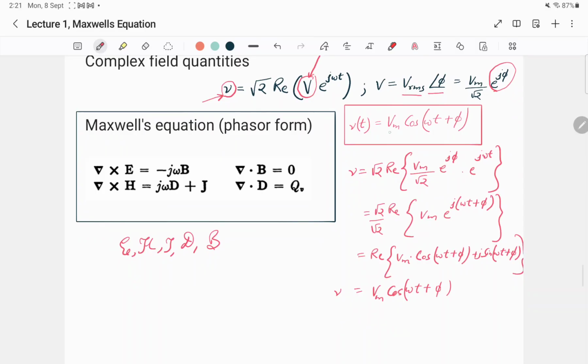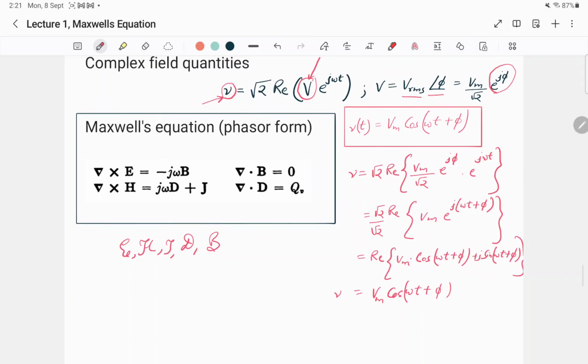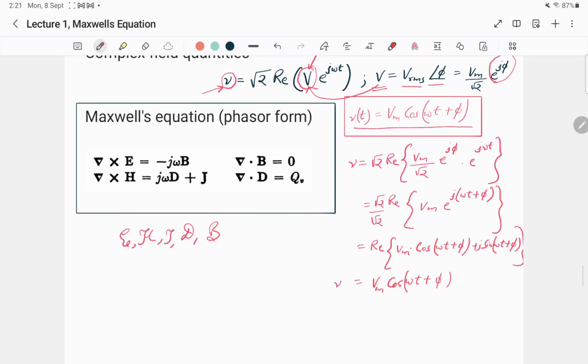Since we know that v equals Vm cos(omega t plus phi), let's try to validate that. If we substitute this v here, can we get this equation? So let's try it out.